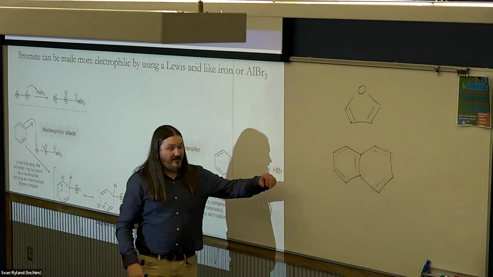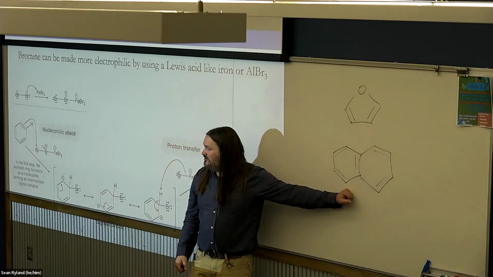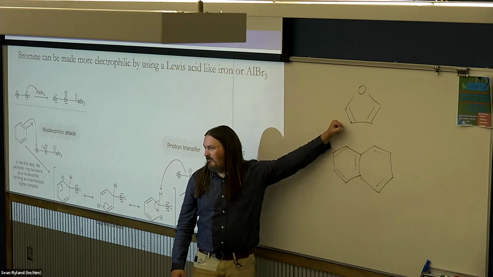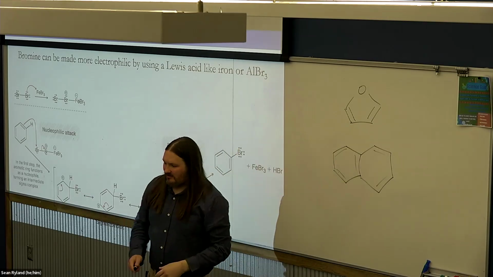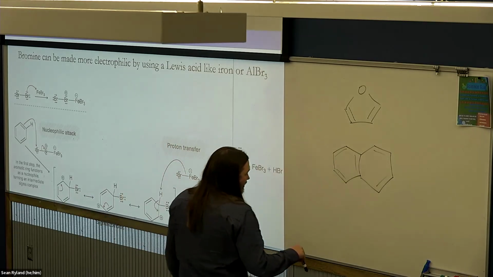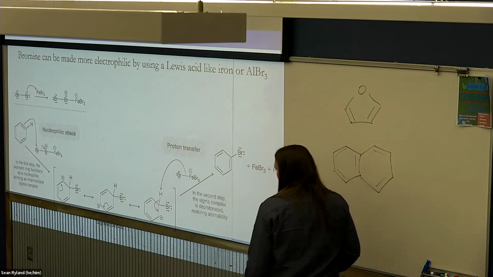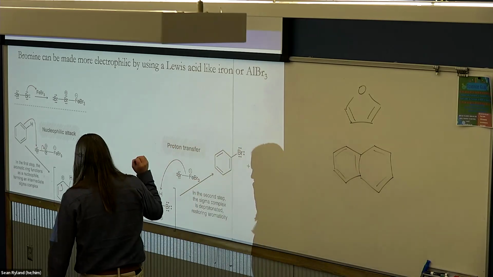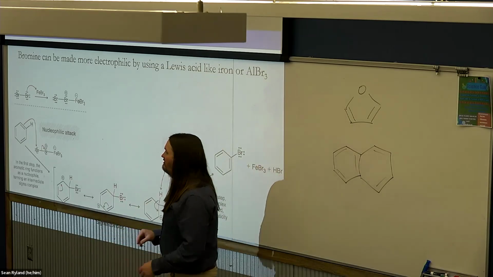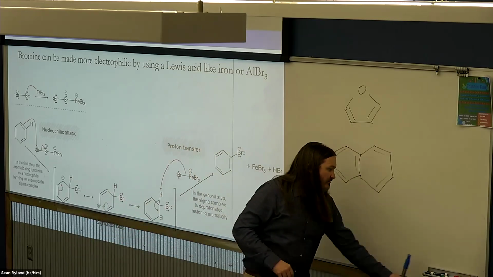But it'll still do the same thing. You can still make bromonaphthalene using the same mechanism. You can still make bromofuran using the same mechanism. It's just where do you put the bromine? That gets a little bit tricky. And it's beyond what we're gonna spend most of our time on in this course, so we're gonna focus on benzene as our default aromatic, because it's the most common.